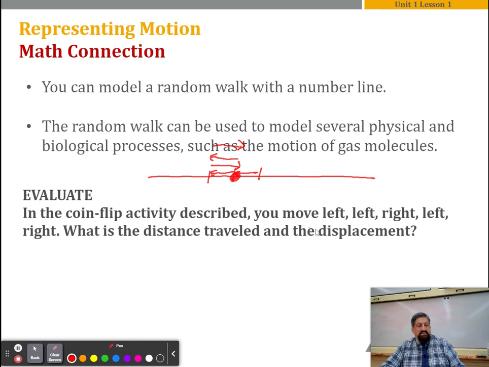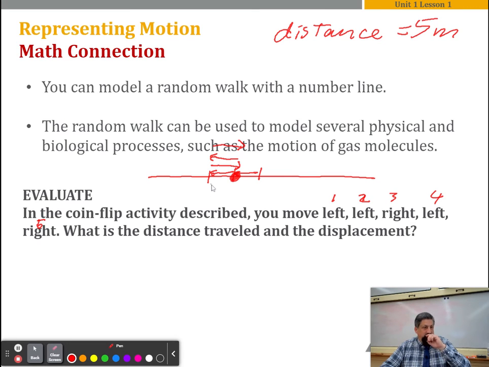What's the distance you traveled? Well, how far did you walk? You walked 1 meter, 2 meters, 3 meters, 4 meters, 5 meters, because you kept going back and forth. So the distance you traveled, your distance, was 5 meters.